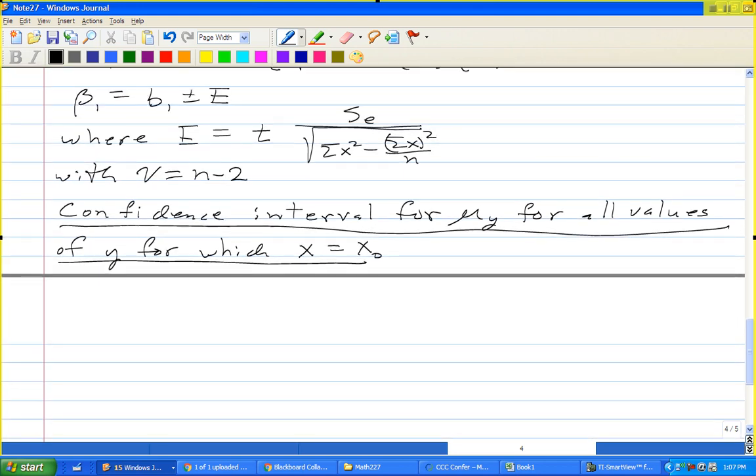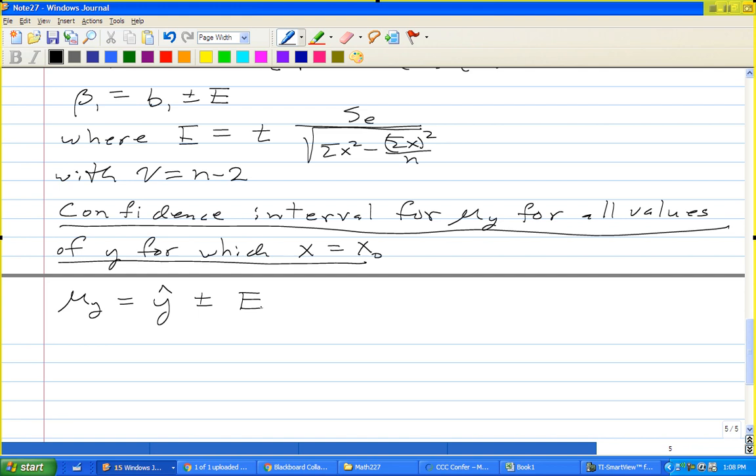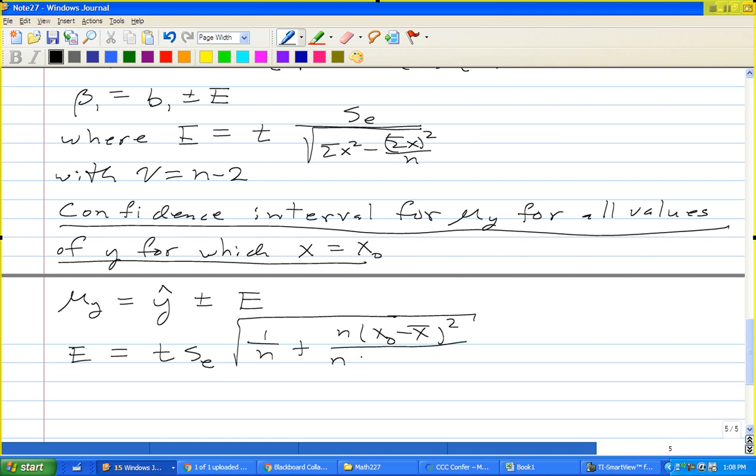This is just going to equal the value of y hat plus or minus an error, where the error is equal to t times your standard error, square root of 1 over n plus n times x0 minus x mean squared over n sum x squared minus sum x, squared, with the degrees of freedom equaling n minus 2. So that finishes off section 10.4.